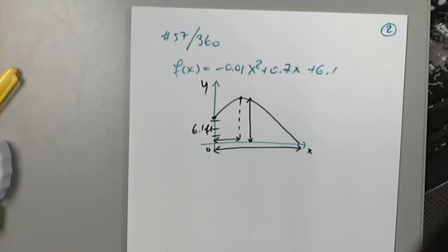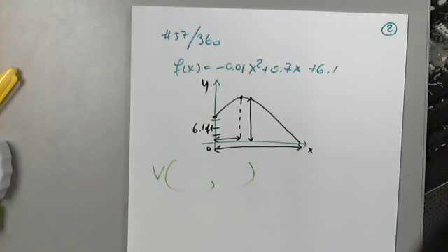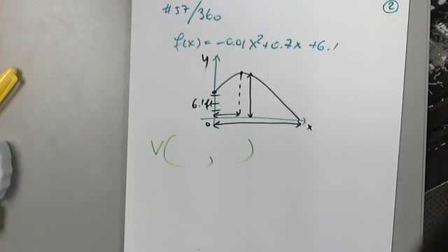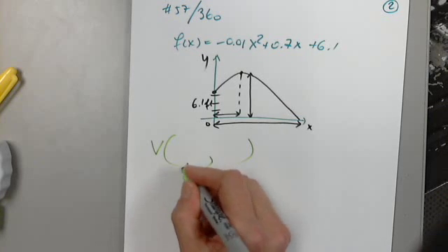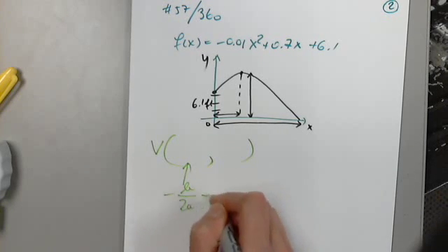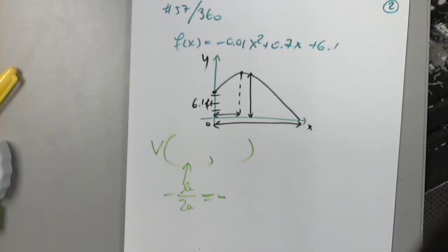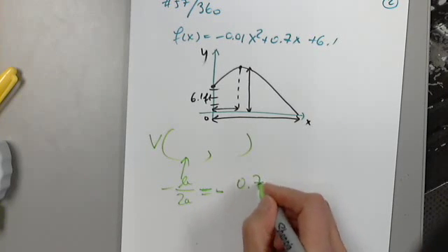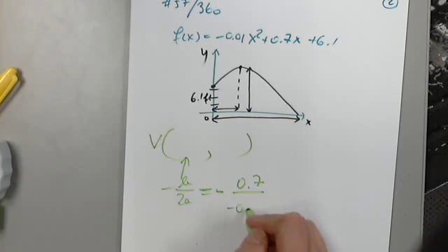The vertex. Very good. How do I determine the coordinates of the vertex? Awesome. Negative b over 2a. Perfect. Negative b is 0.7. 2 times a is negative 0.02.